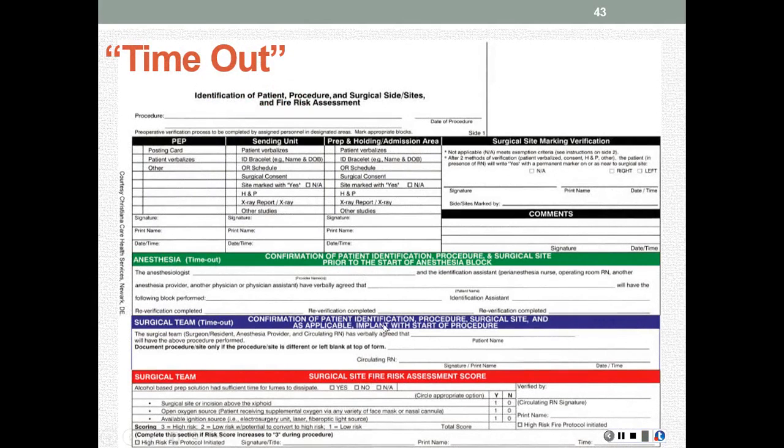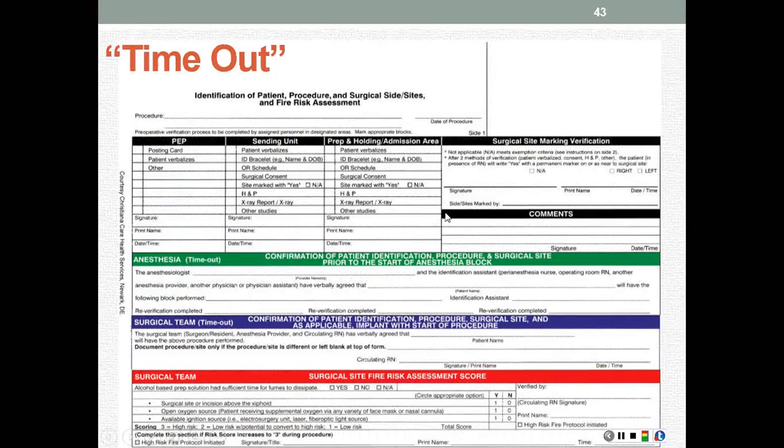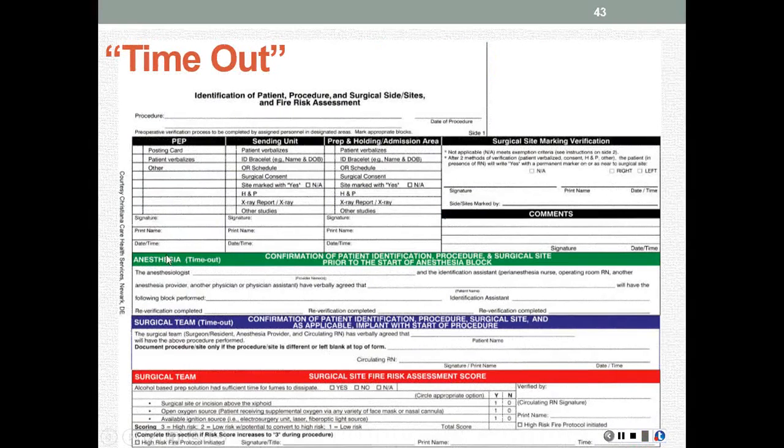But if you look at this one, this is the pre-op and all that business, making sure that the unit that's sending them has done all this. That's part of their checklist.